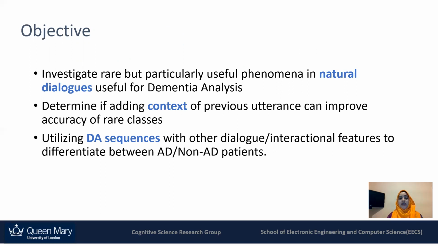For this purpose, we intend to build a dialogue tagger with those rare classes, with the aim to determine whether using contextual information of the current utterance, in terms of previous utterances and previous dialogue acts, can improve the accuracy of those rare classes or not. After this, we utilize those dialogue act sequences with other dialogue interaction features to differentiate between AD and non-AD patients.